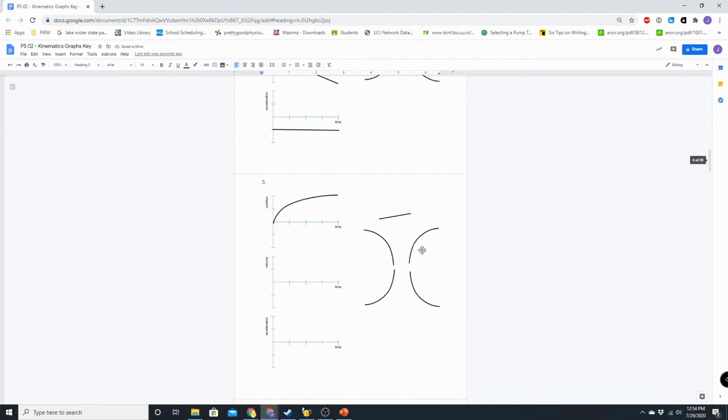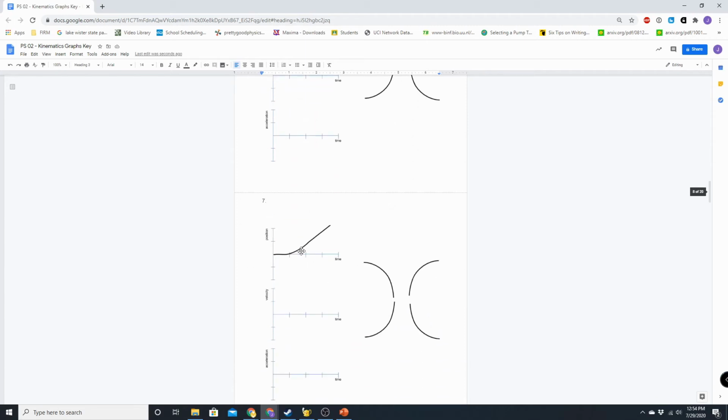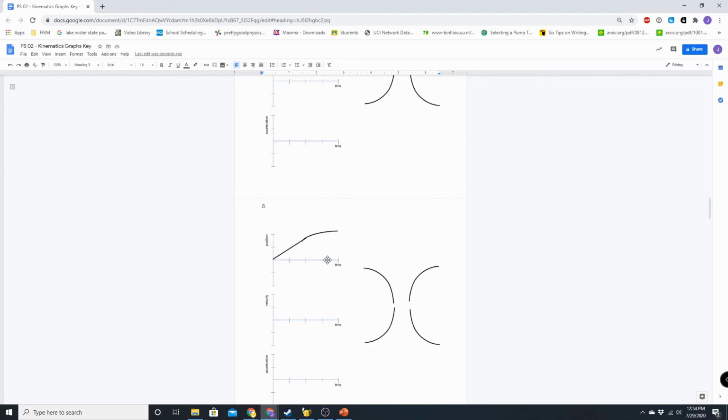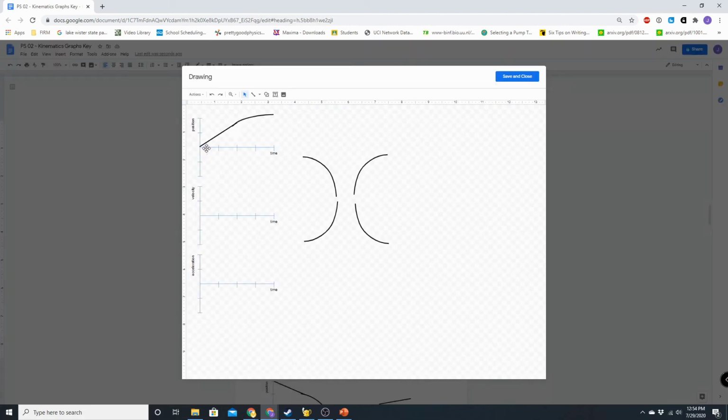As we proceed, we can see that we get to a section where there are now changes in the shape of the graph between the first half and the second half. So let's do this one. In the first half of the graph, the object is moving toward the positive direction. We'll say that's right.